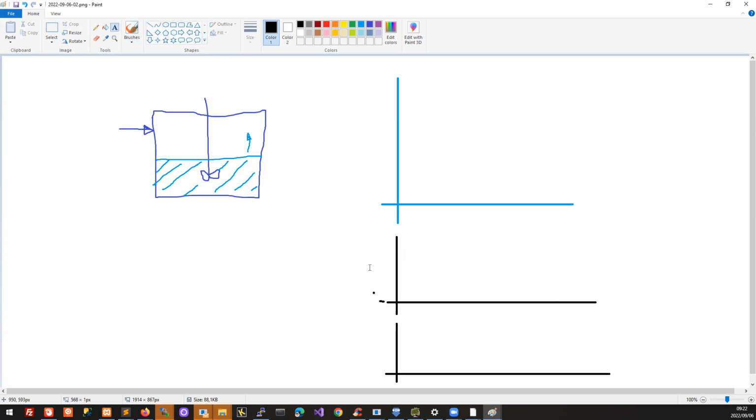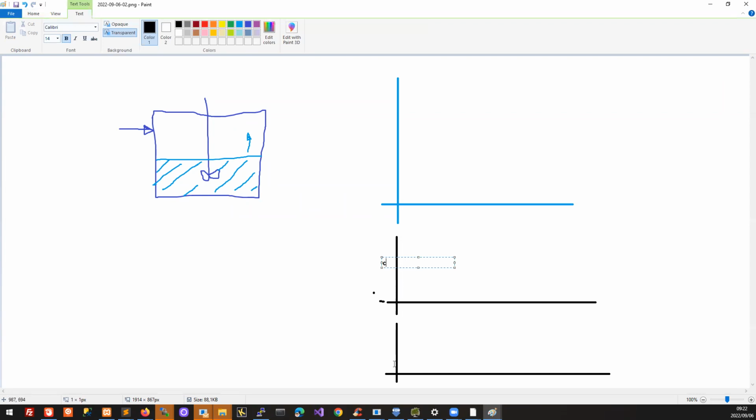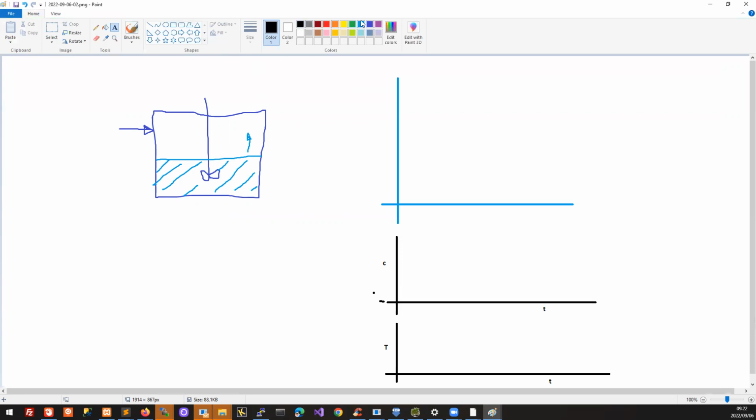Here I'm going to say this is concentration, this is temperature, and this axis is time. So we can imagine the concentration is changing over time in some way, and the temperature is also changing in some other way.